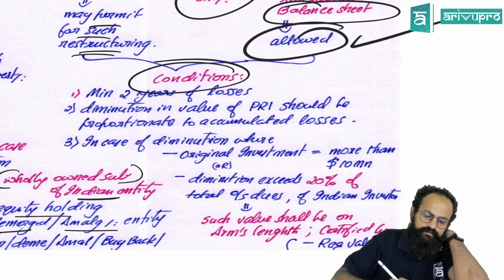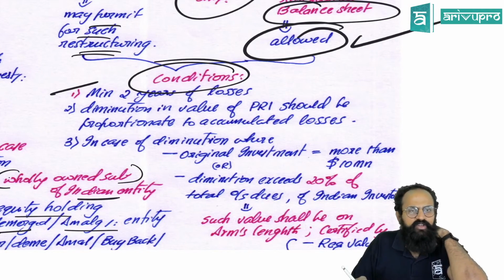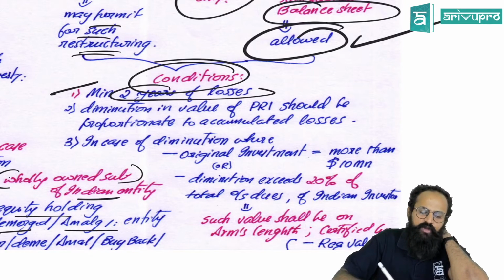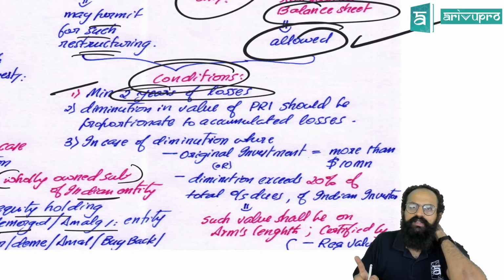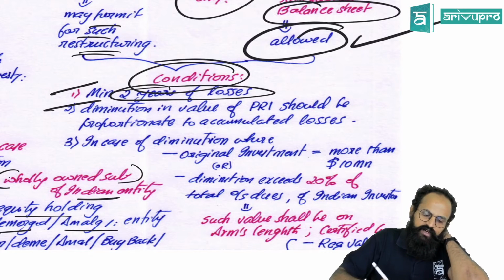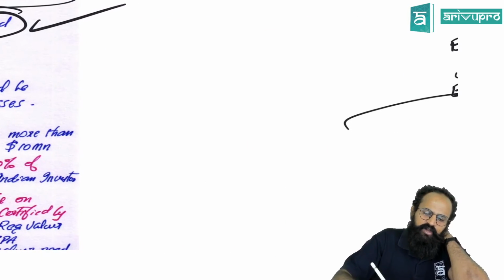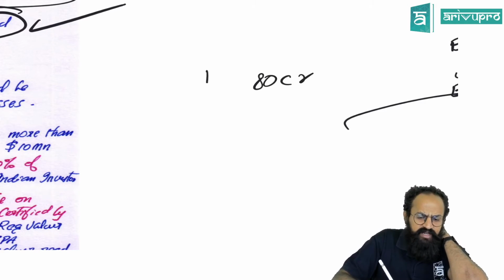First, Jaguar is in losses, correct? How many months? One month, two months? At least 2 years of losses are required. If not, it is not allowed. Second, diminution in value of PRI should be proportionate to accumulated losses. Meaning, you are reducing 80 crore, the capital should also be reduced by 20% only.